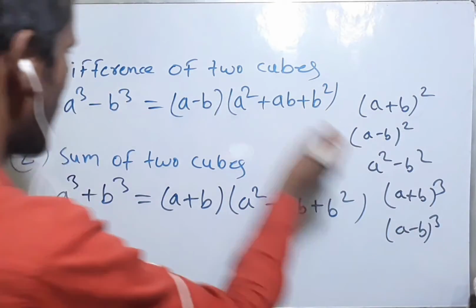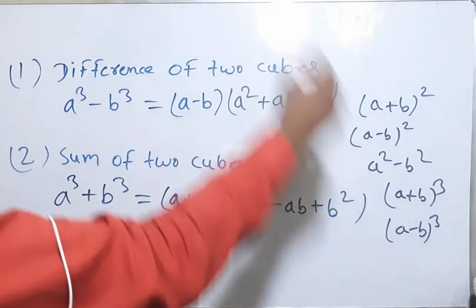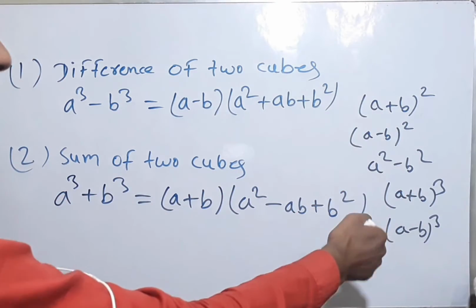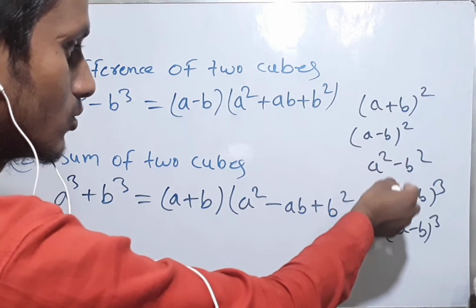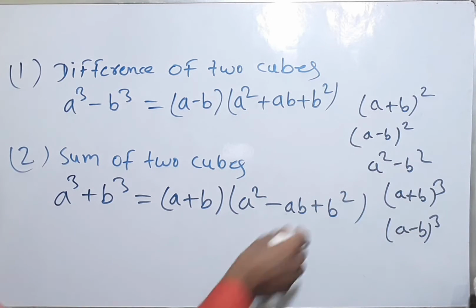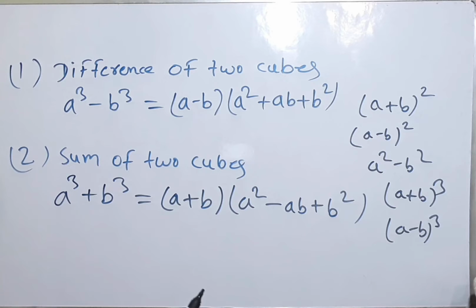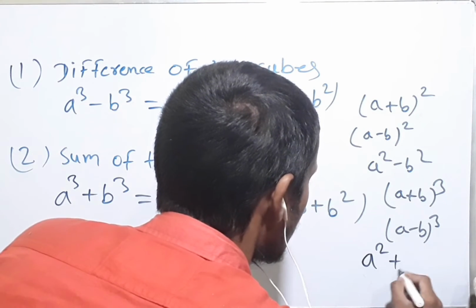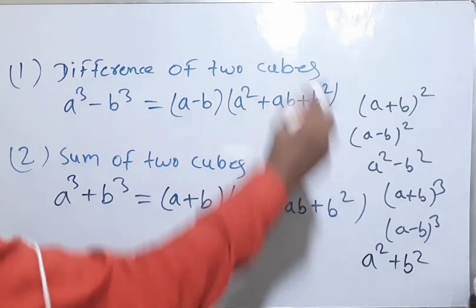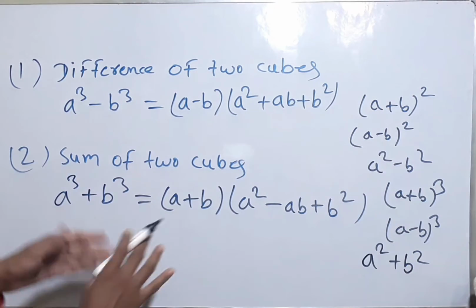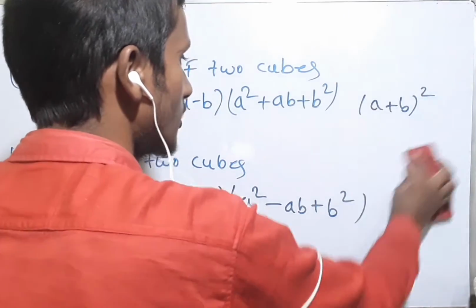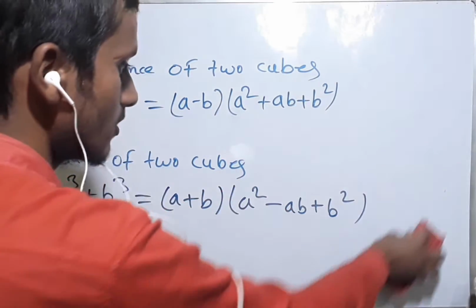One more that I forgot to write here is a squared plus b squared. So 6 of them I've already talked about, and these 2 are today's. So there are about 8 formulas that you need to be familiar with.